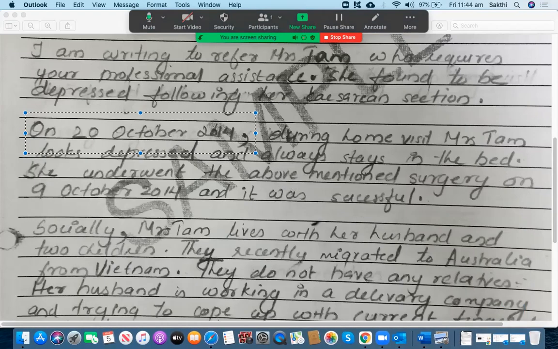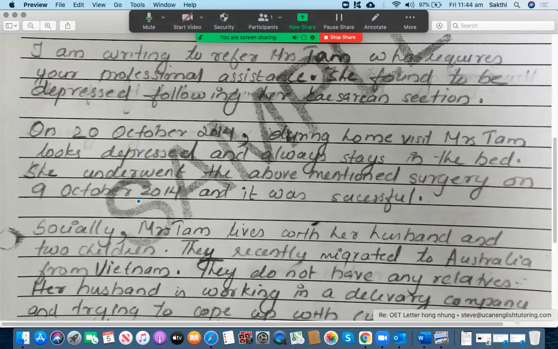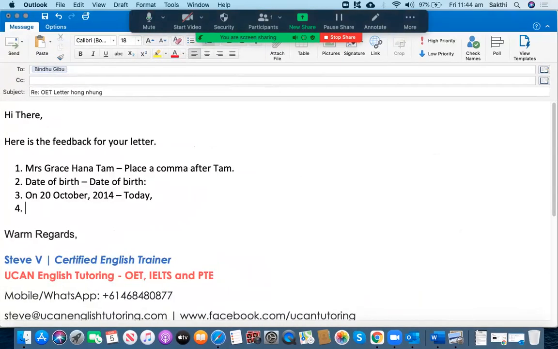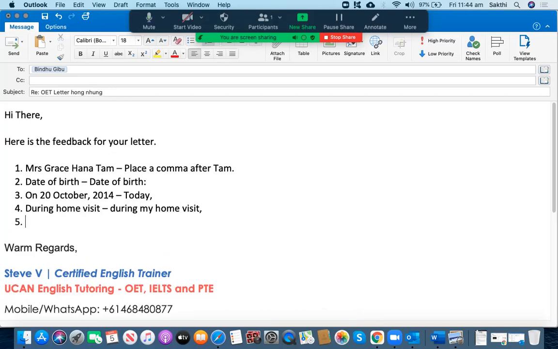Try to convert the dates into time references if possible. Today, during home visit, Mrs. Tams looks depressed. During a home visit or during my home visit. Okay, during home visit, there are a couple of mistakes as well. During my home visit, and then there should be a comma. Okay, that's what you should have mentioned.